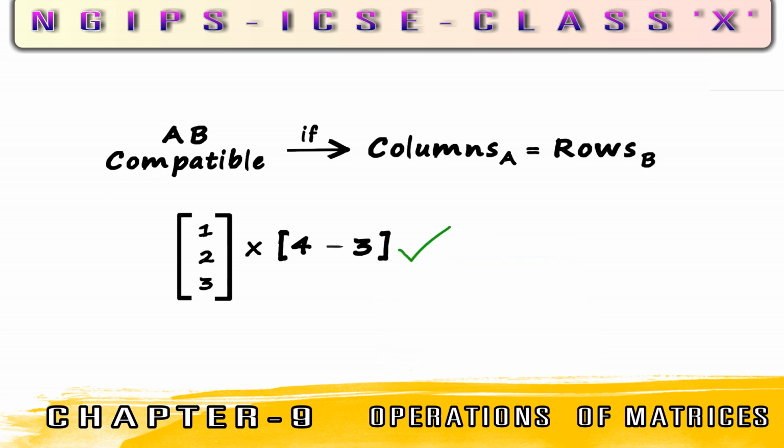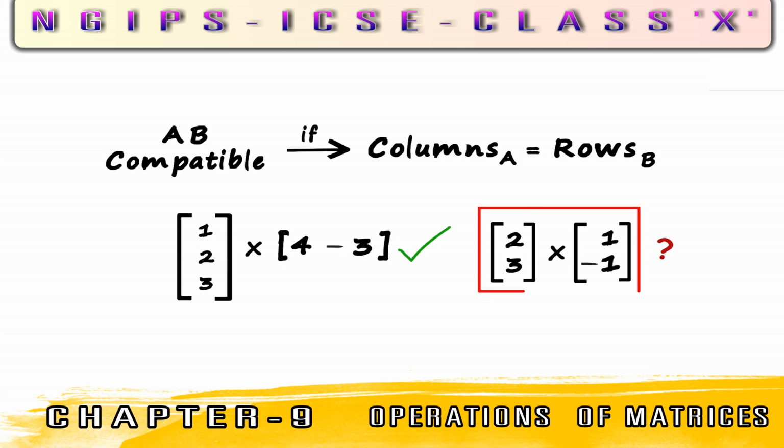Here is the second example. I encourage you to pause the video and check if this multiplication is possible or not. For this to be possible, the number of columns in the first matrix has to be equal to the number of rows in the second matrix.